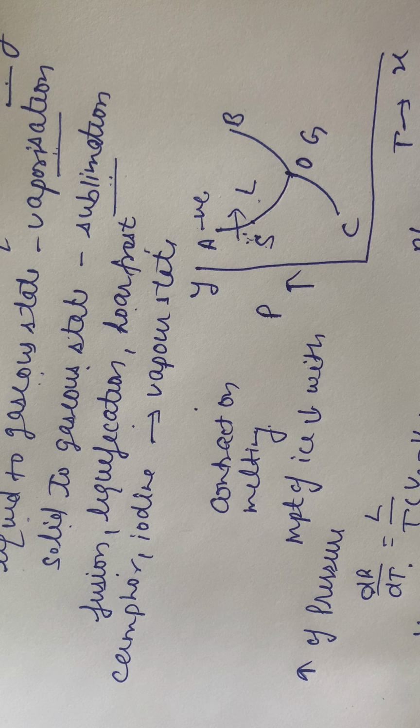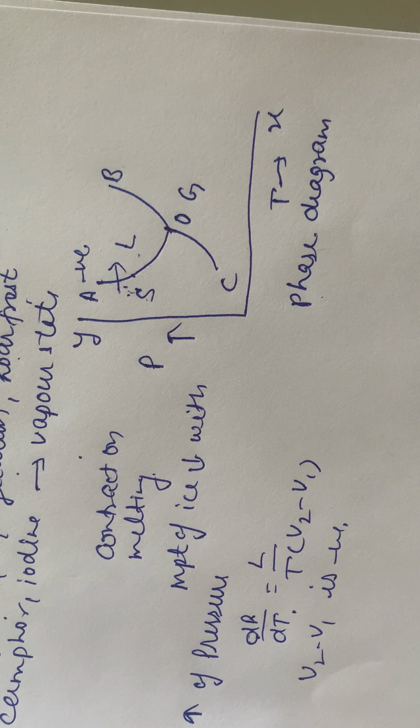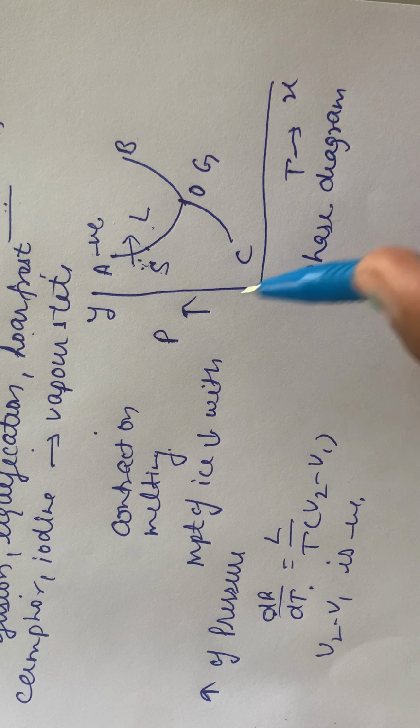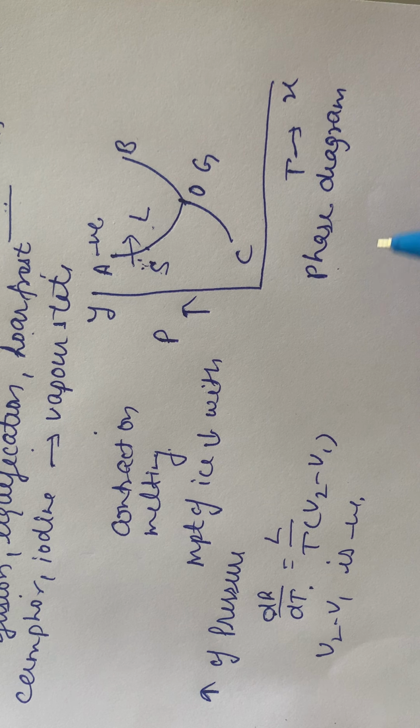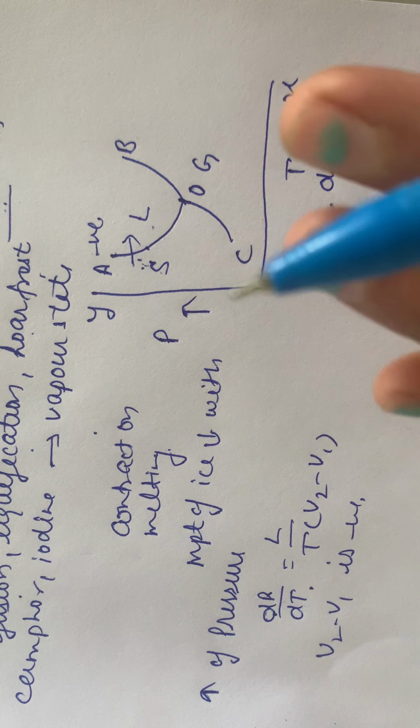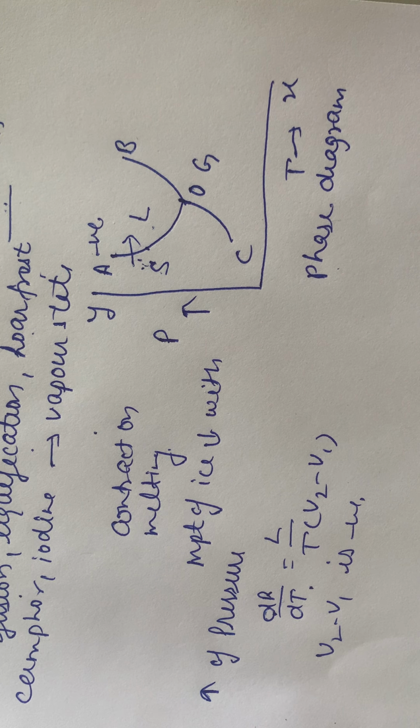This diagram is PT diagram or phase diagram. Let us consider the PT diagram for solids which contract on melting. An example of this type of solid is ice.